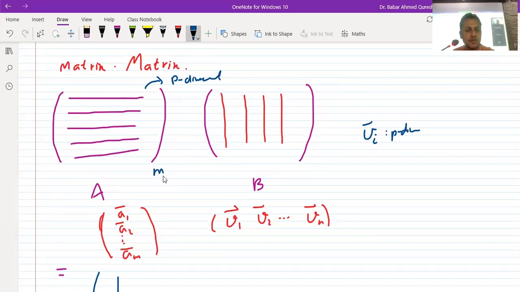So this was arbitrary, but the middle dimension, this p, must match the dimension of the vectors of the second matrix. But the dimension of the vectors of the second matrix is the same as the number of rows in B. So the number of columns in the first matrix must match the number of rows in the second matrix.